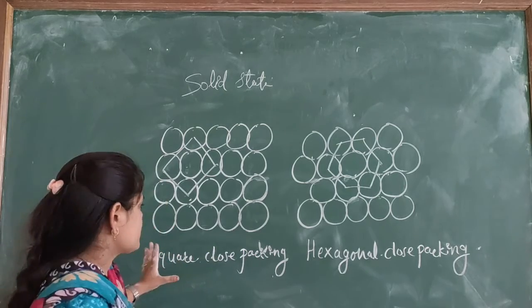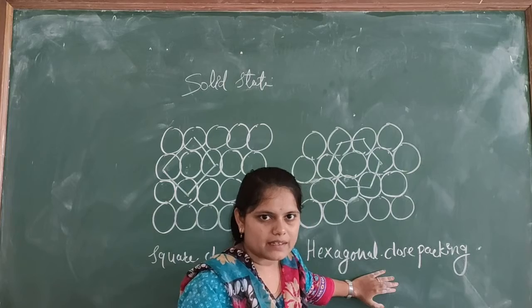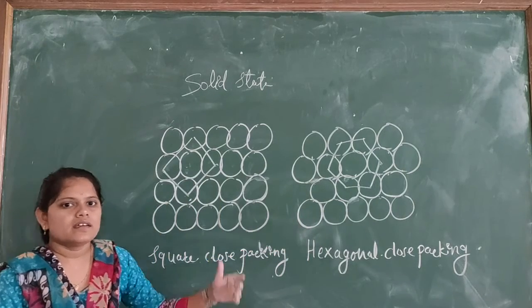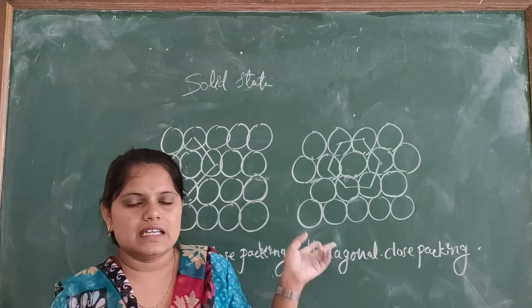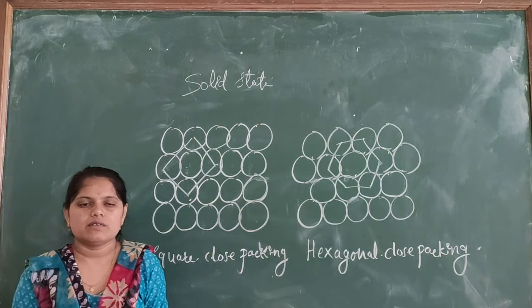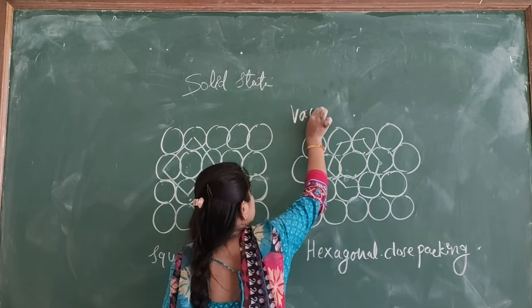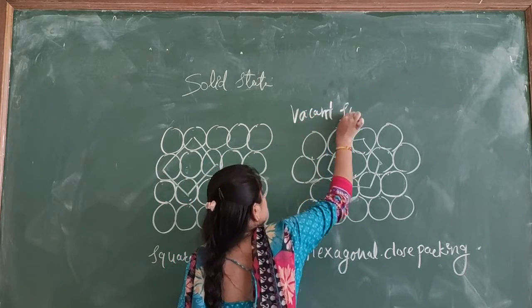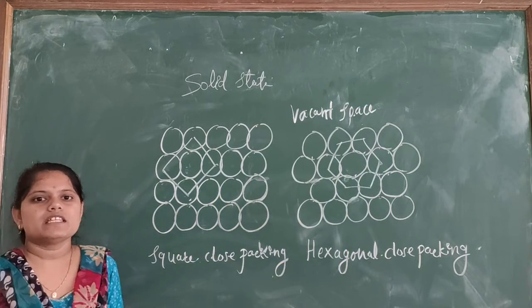Now if you look at the structure of square close packing and hexagonal close packing, you will understand that the square close packing has more vacant space in between the atoms. Vacant space means what? Empty space.